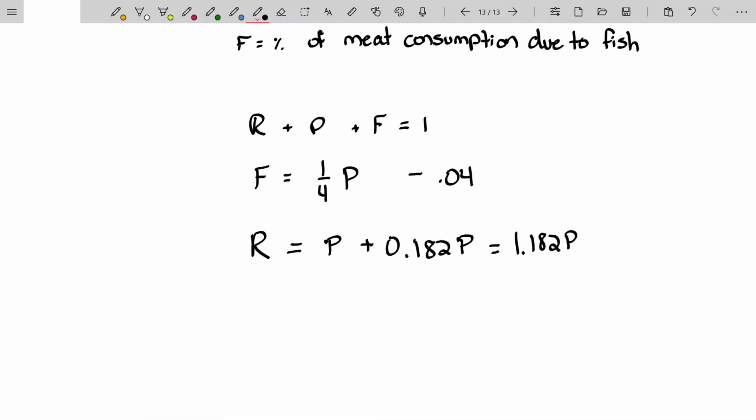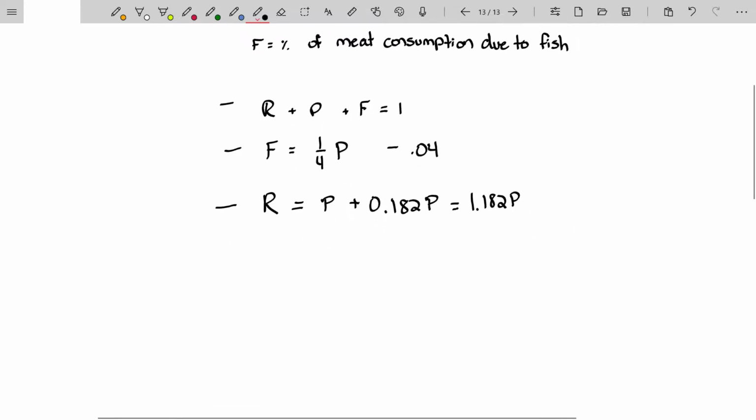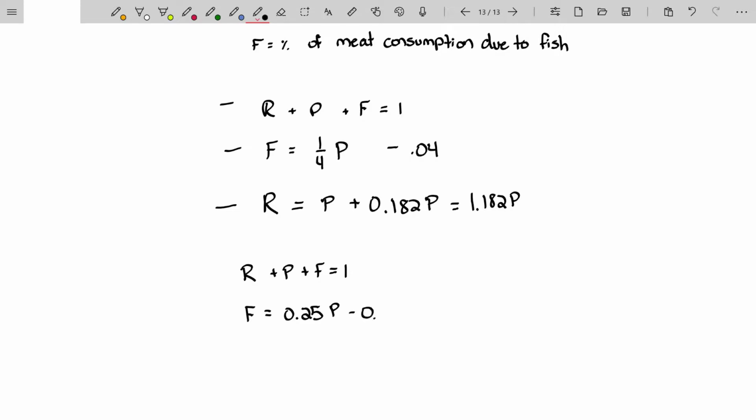So notice we have 3 equations, and we could totally set this up as a system of equations as written. Now, one thing I should note here is this one is actually already set up kind of nicely. We have R plus P plus F is equal to 1. Okay, that's fine. We have F is equal to 0.25p minus 0.04.